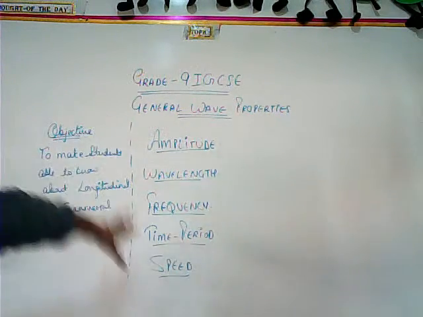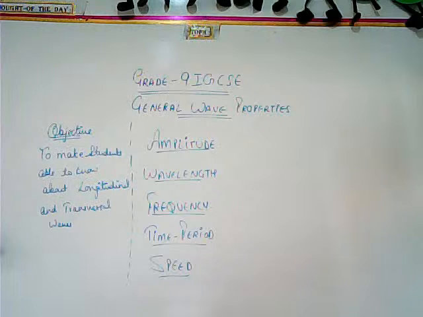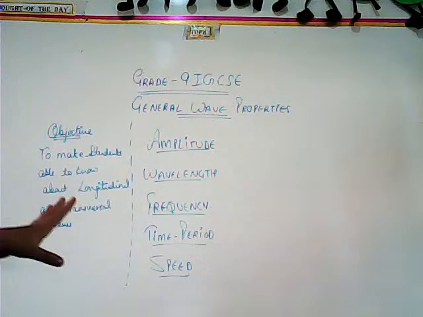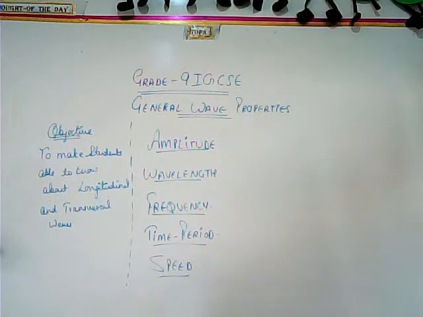These are the 5 main characteristics which we have studied in the previous class. I'm going to give you an overview of all these 5 things. Then we begin with the next topic.